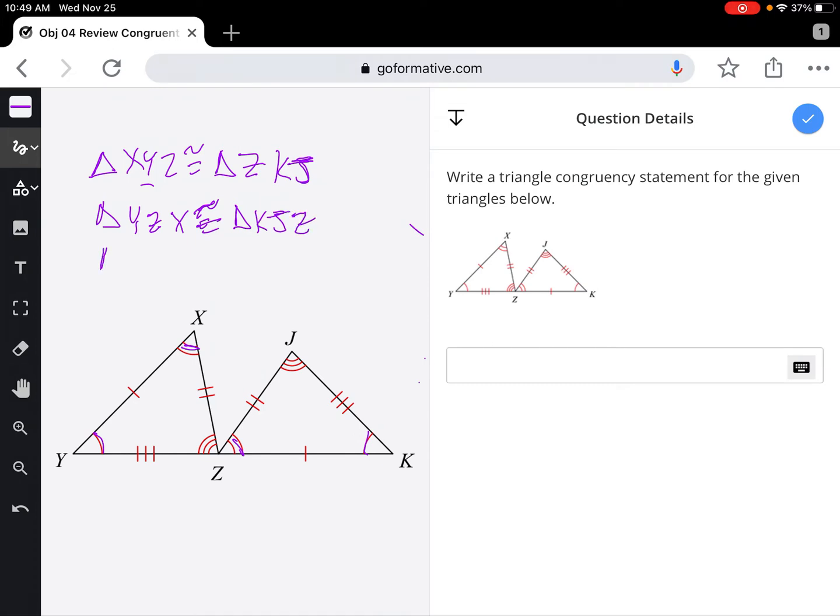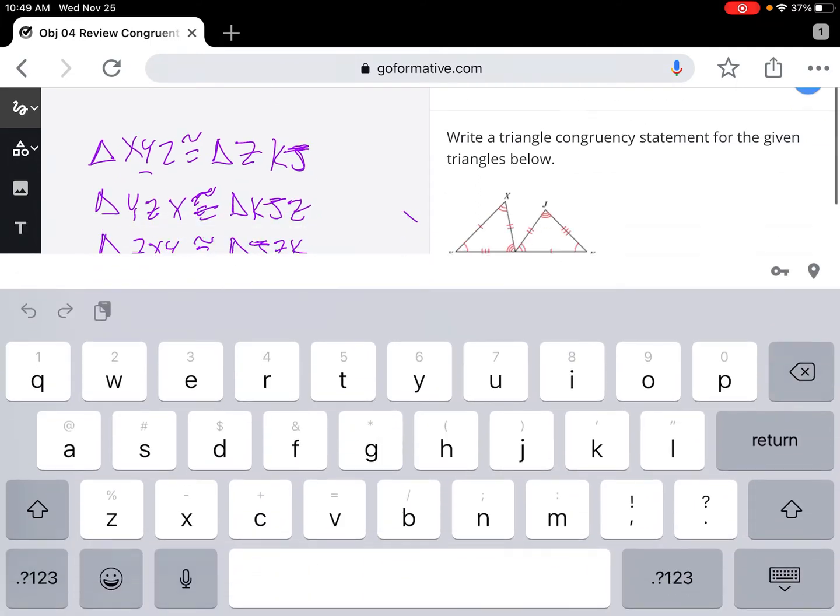Or you could have triangle ZXY is congruent to triangle JZK. Okay, so just make sure that the corresponding angles are in corresponding parts.